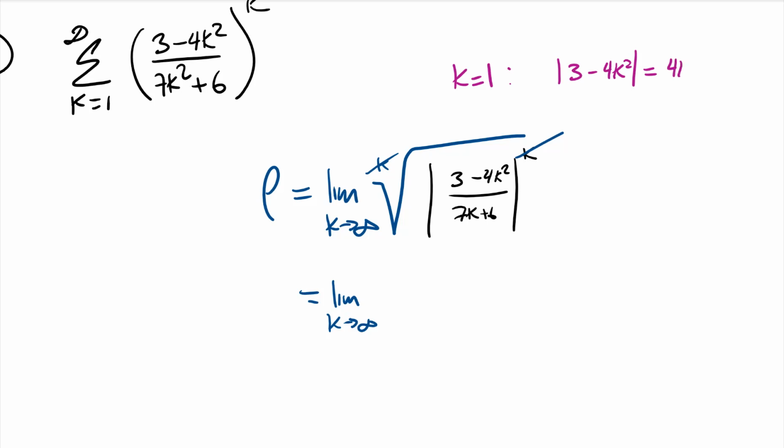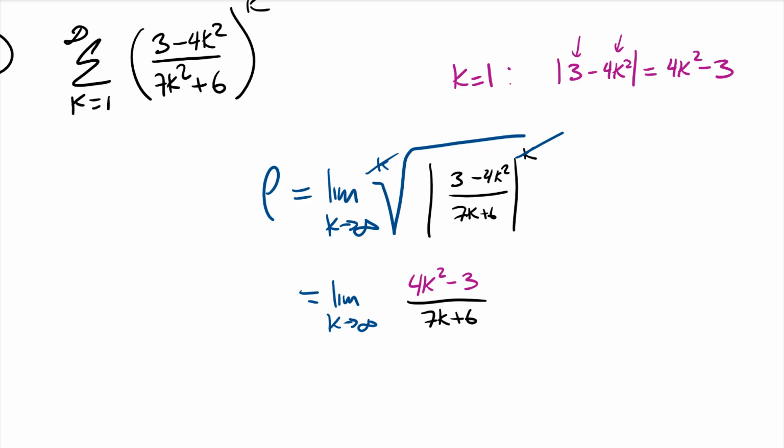But this is the same thing as 4k squared minus 3. That's changing the signs on both to ensure that it's always positive. That's kind of a weird little step there, I know it is. And then the denominator is just going to stay as a positive.